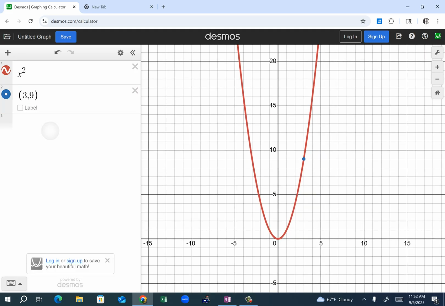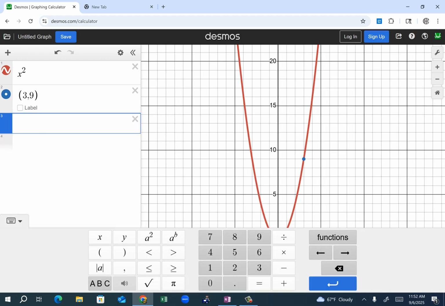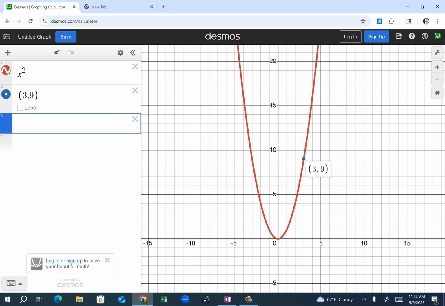You see that? Now, what if I told you that I know the equation of the line that goes through that point that is tangent to x squared at that point?